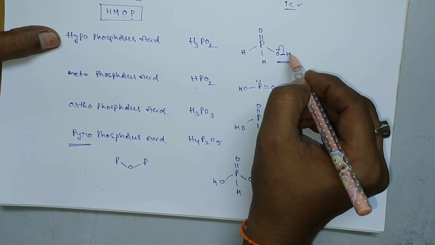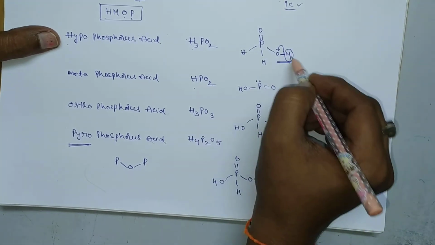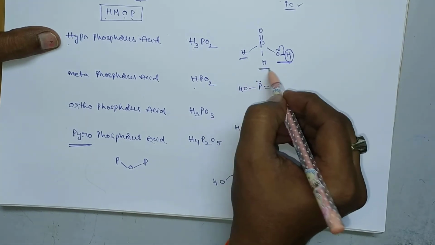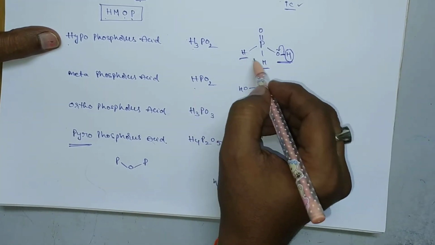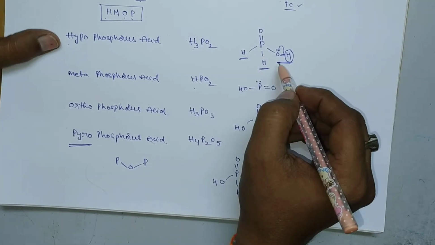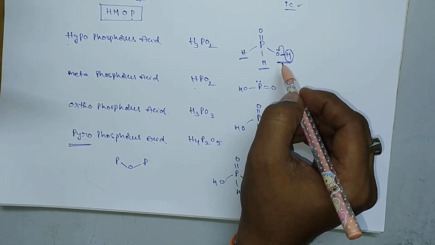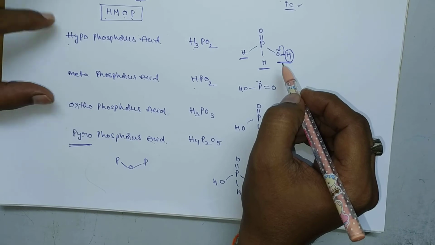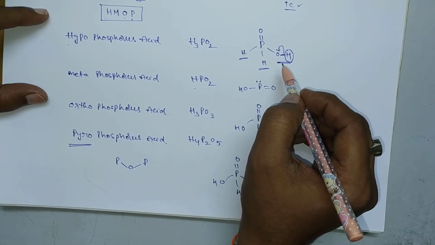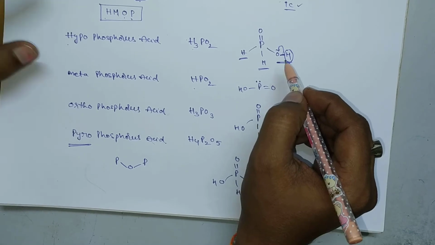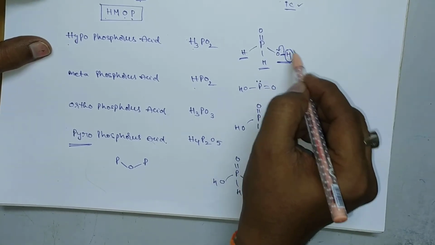It can donate only this hydrogen as an H plus ion, but it cannot donate the other 2 hydrogens as H plus ions because they are not on the electronegative oxygen atom. So it can donate only one H plus ion.